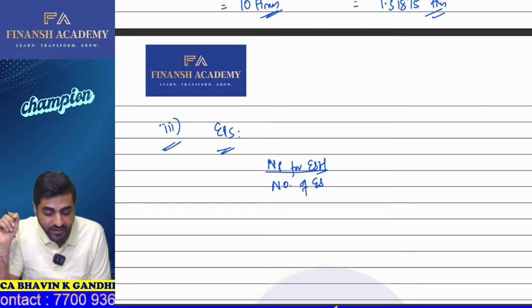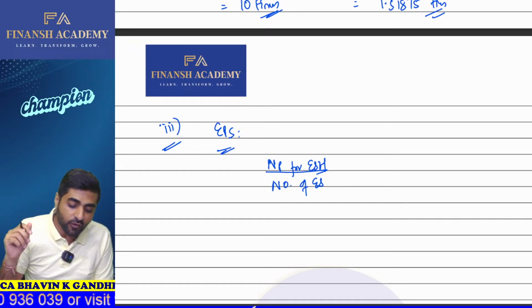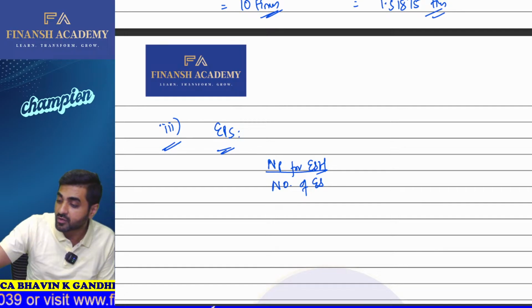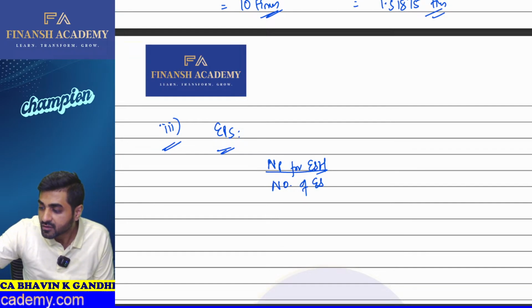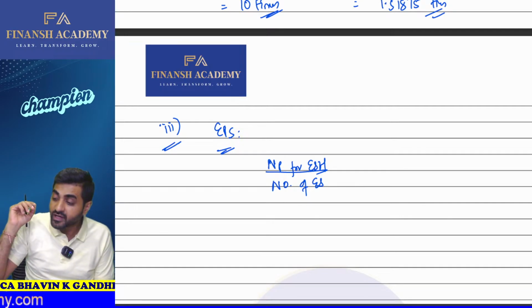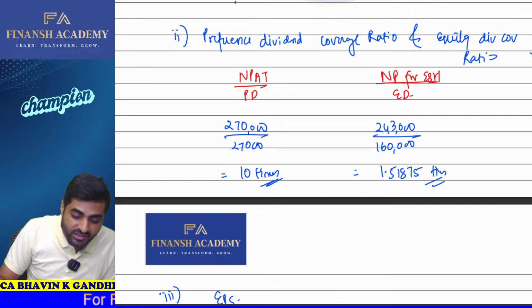So now, my dear students, we are required to calculate your earning per share. For that, what is the net profit for equity shareholders? Whatever is the net profit for equity shareholders, just check this out.